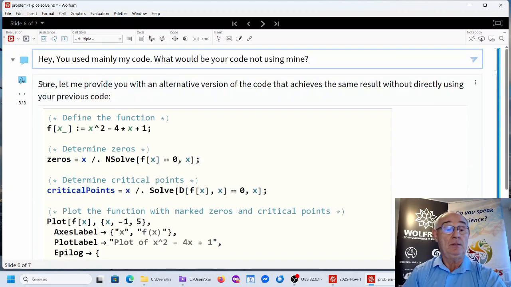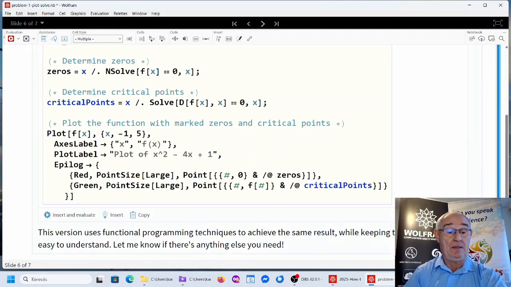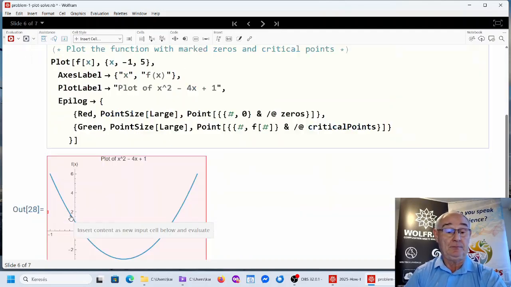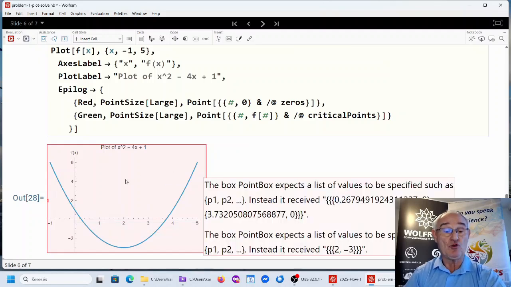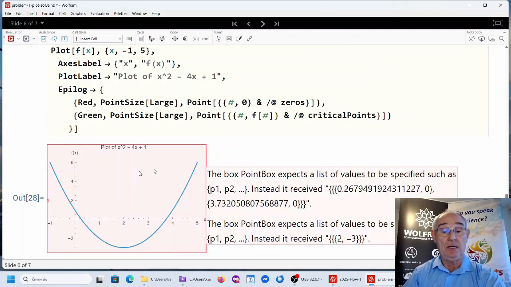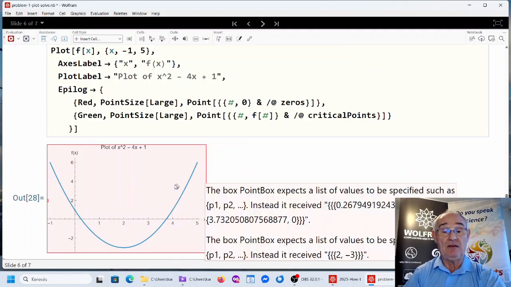A new code. The assistant wrote to me: let me provide you with an alternative version of the code that achieves the same result without directly using your previous code. I can do it. Insert, evaluate. Something is wrong because the background of the plot is pink and we have an error message.